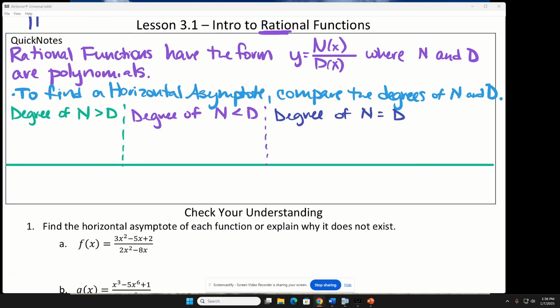All right, so whenever that numerator is greater, it's a really easy one to do. That's when there is no horizontal asymptote. All right, the numerator is less than the denominator is like the one we just did with the anesthesia.